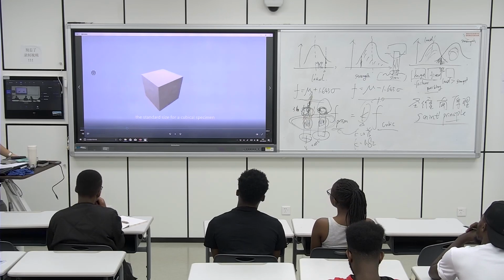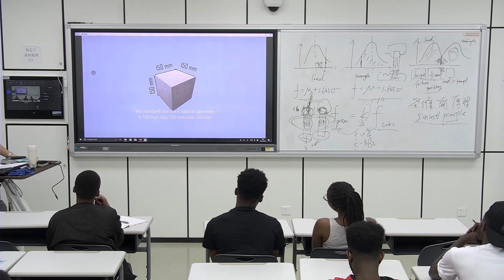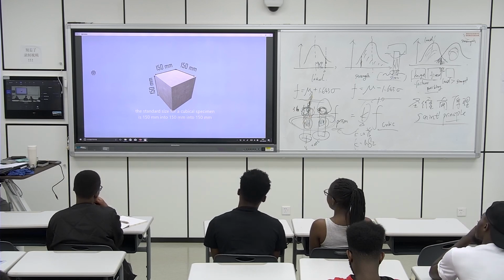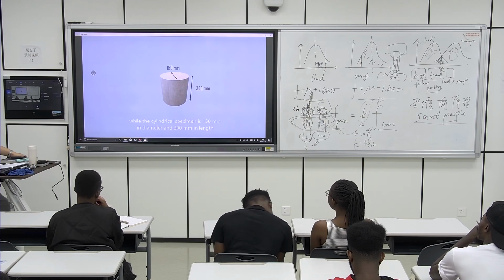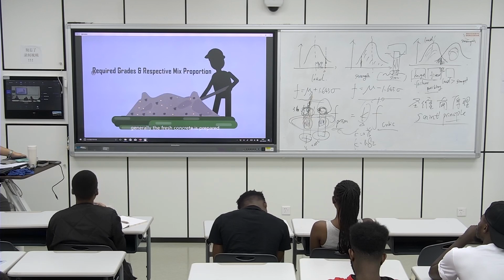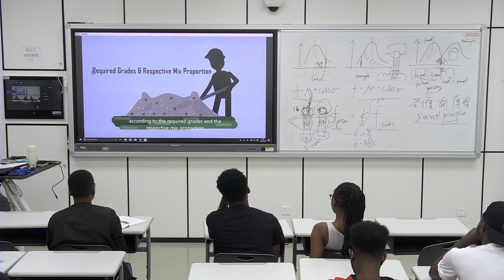The standard size of a cubical specimen is 150 mm by 150 mm by 150 mm, while the cylindrical specimen is 150 mm in diameter and 300 mm in length. Generally, the fresh concrete is prepared according to the required grades and the respective mix proportion.